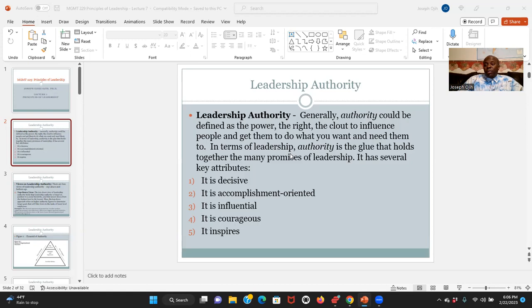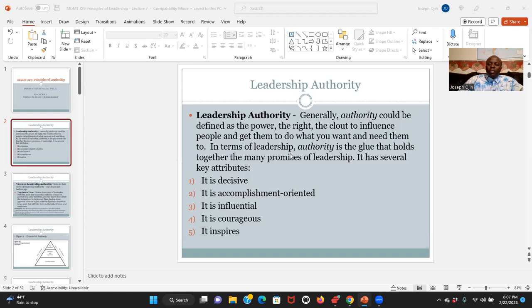That's the simplest way to explain authority. In other words, authority is the glue that holds together the many promises of leadership.